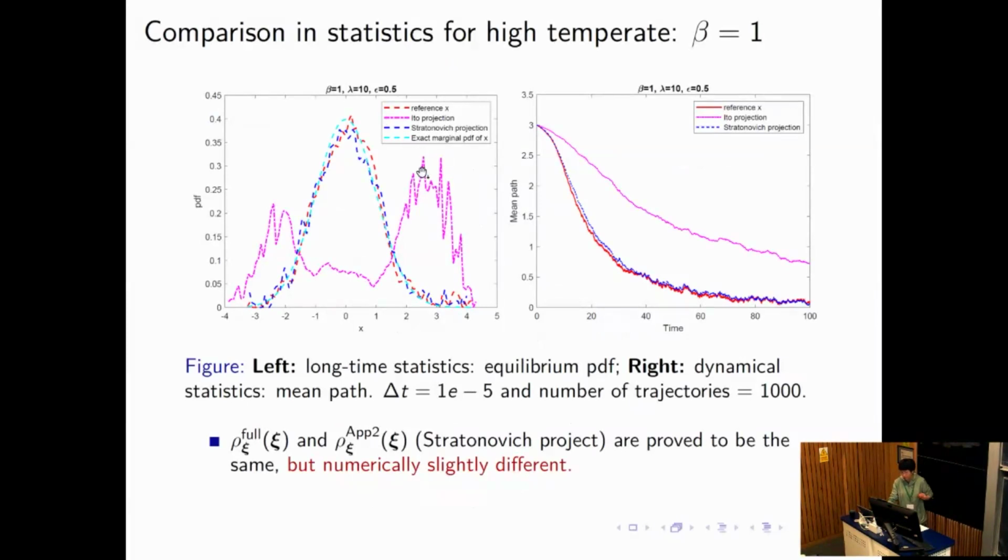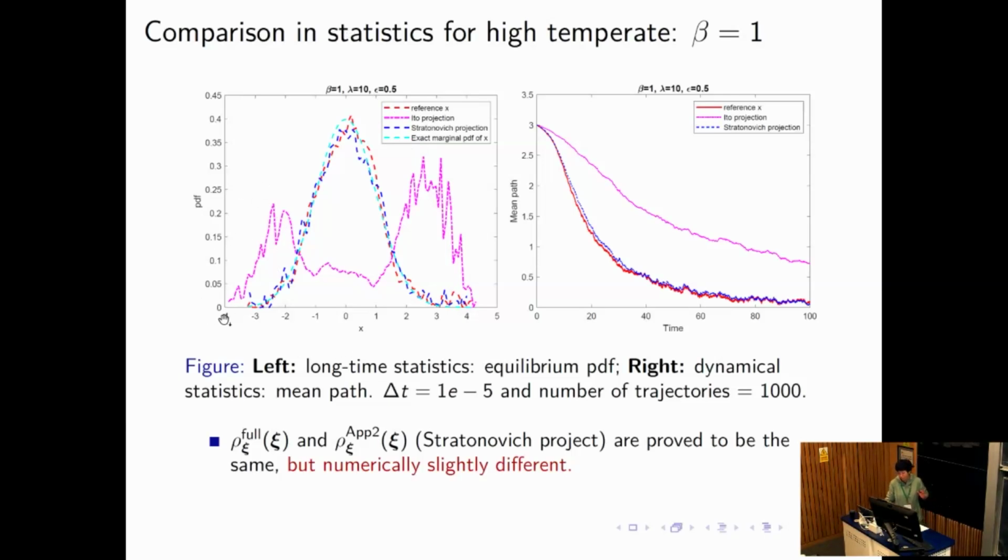The pink one is approach 2 under Ito projection, and the blue one is the Stratonovich approach 2. Because this 2D example is so simple, we can compute the exact marginal distribution of X analytically. The red one is the reference. In other words, we run the 2D system with 4 degrees of freedom, and we can compare all the results.